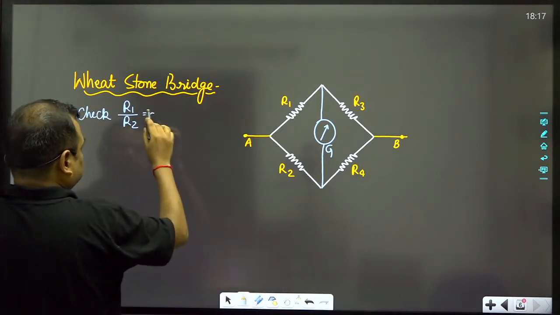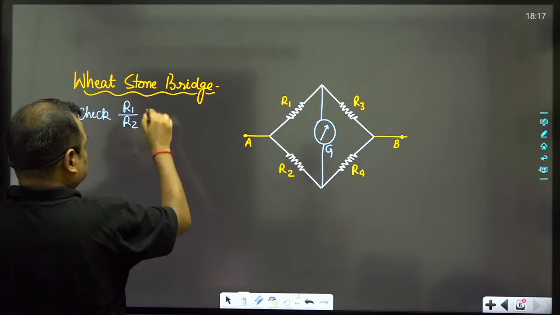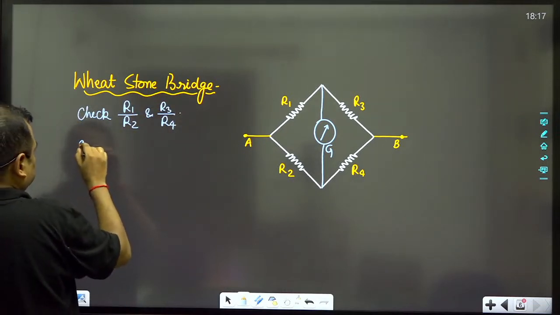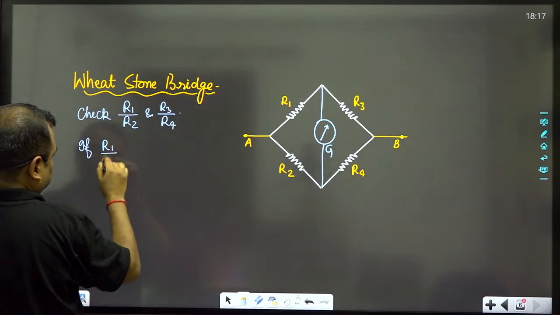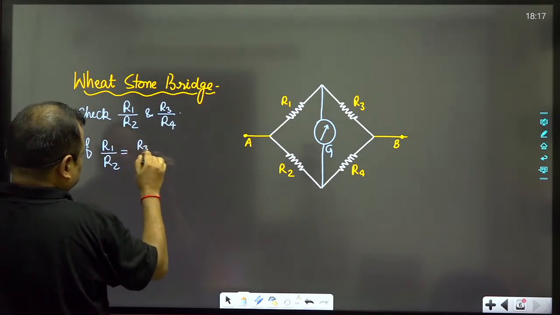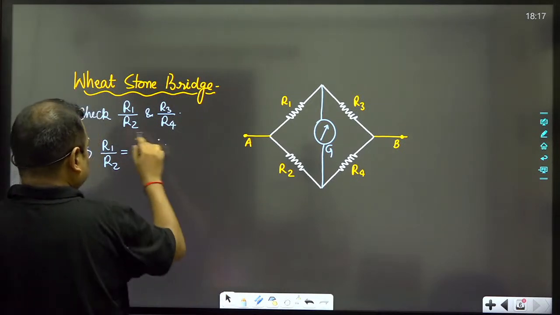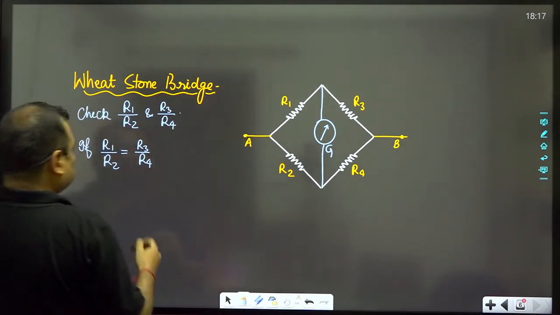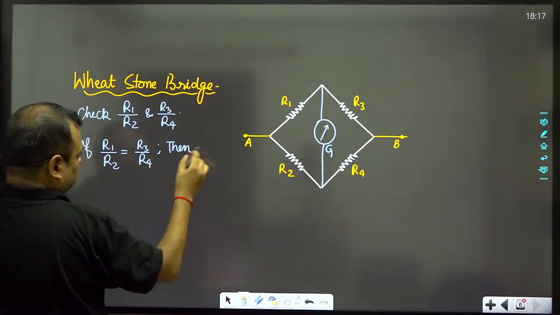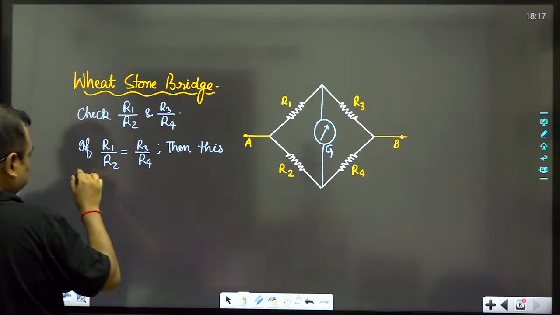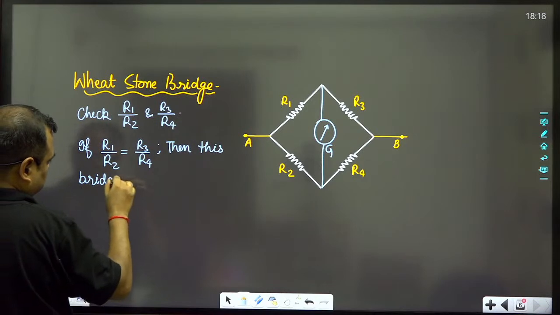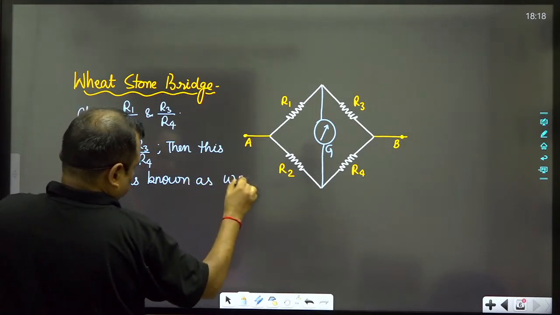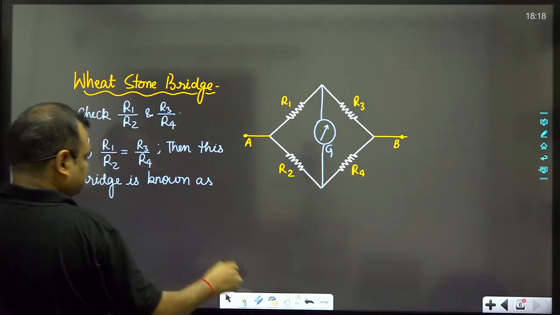Check R1 by R2 and R3 by R4. If R1 by R2 is equal to R3 by R4, then this bridge is known as a balanced Wheatstone bridge.